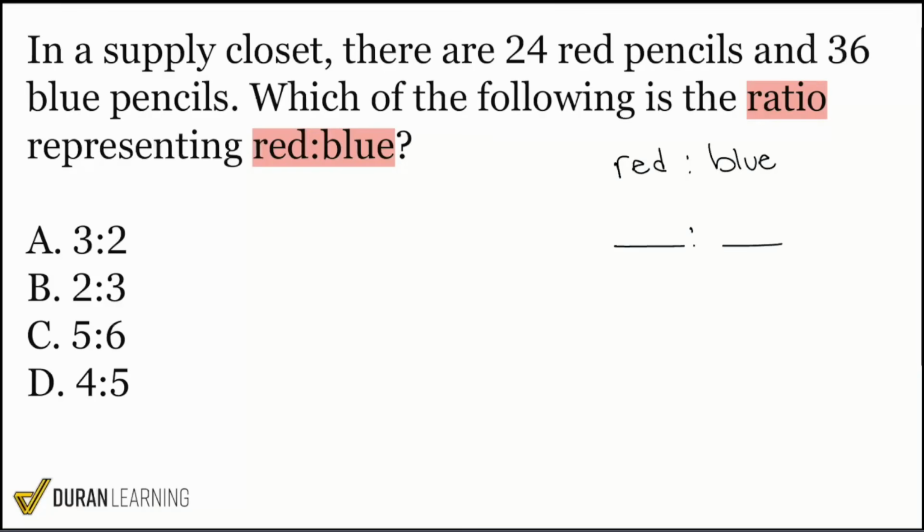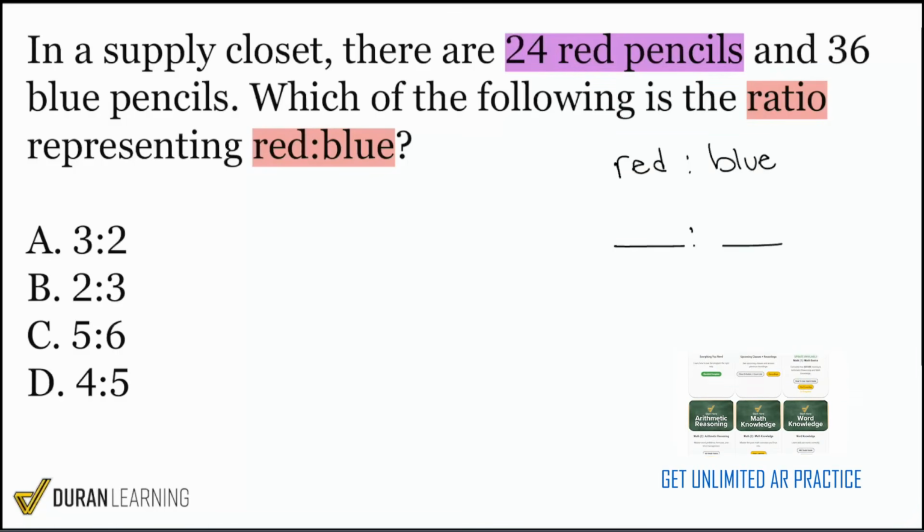to blue. All right, so let's go ahead and read what the problem statement says, and let's just go ahead and put the information where it goes. In a supply closet, there are 24 red pencils and 36 blue pencils. All right, so let's go ahead and write those numbers where they belong. Again, the first value is red, and I see here clearly it says 24 red pencils. So I have 24 right here.